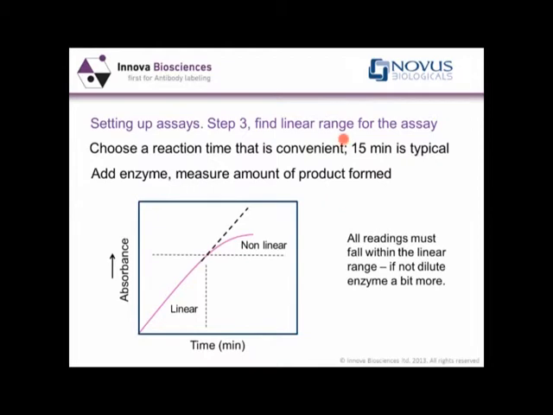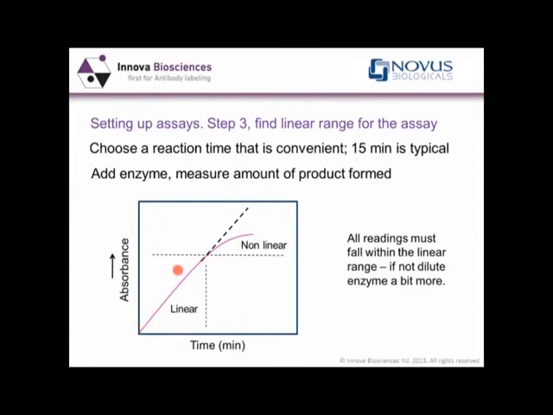Step 3 is to find the linear range for the assay. You need to choose a reaction time that's convenient. 15 minutes is typical, but it could be up to 60 minutes. You add your enzyme substrate and measure the amount of product formed. So this is typically what you would get if you did a time course.